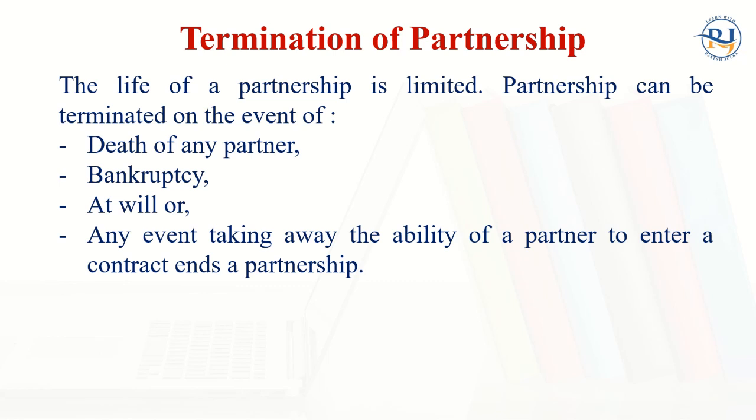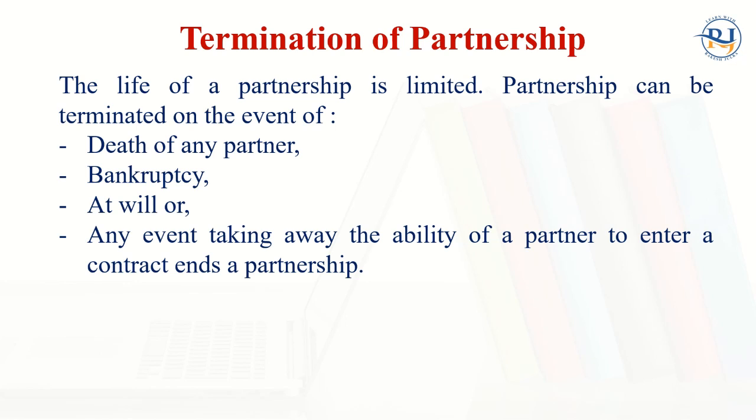Termination of partnership. The life of a partnership is very limited. A partnership can be terminated on the death of any partner, bankruptcy, or at will. It means at the desire of a partner. If one partner wants to leave the firm, they can leave. In that case, the partnership will be terminated.